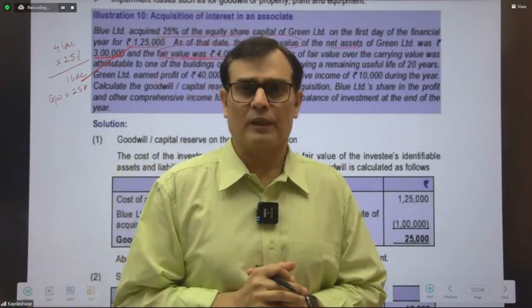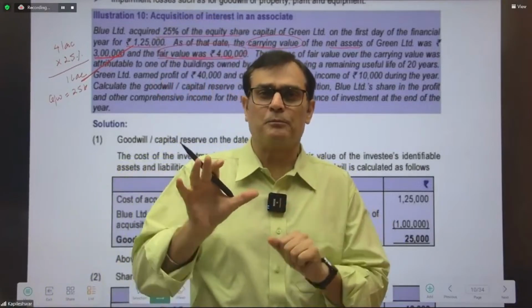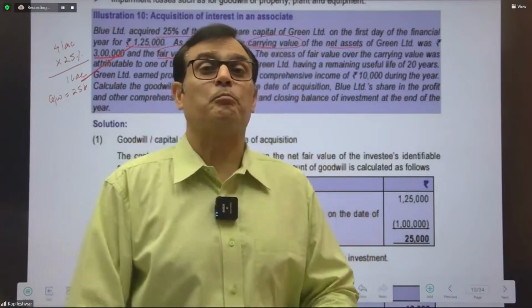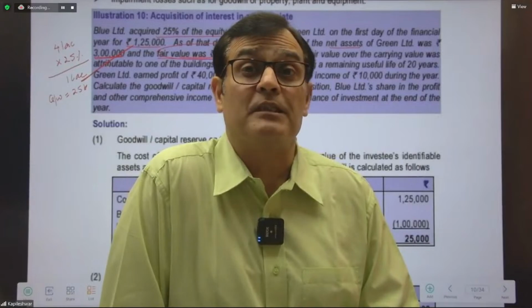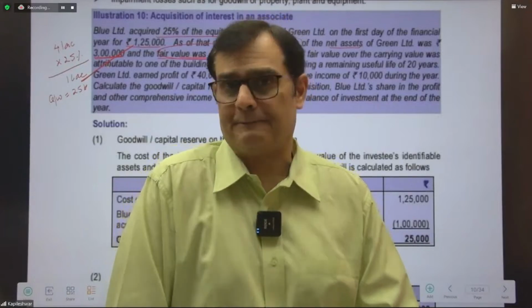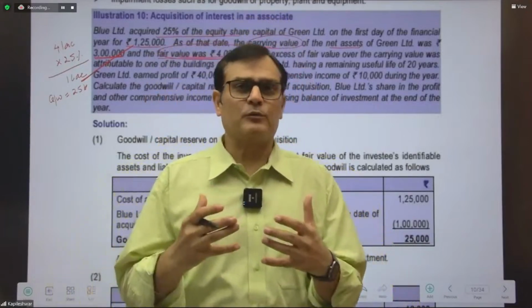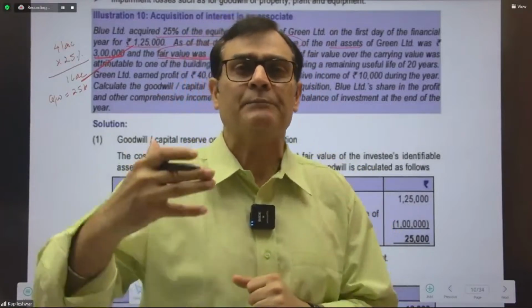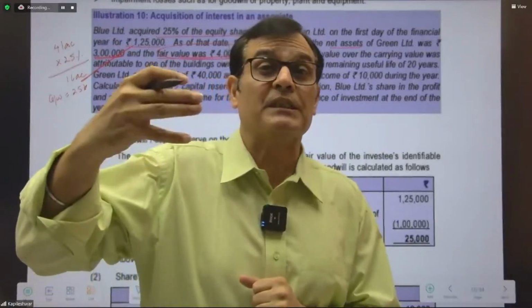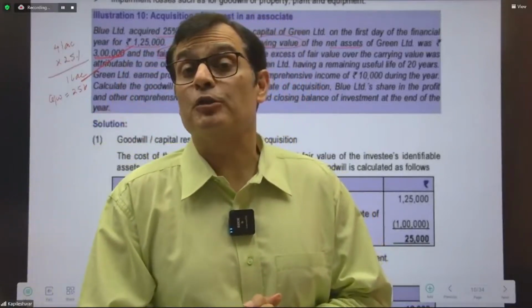So what does it mean? In the post-acquisition period, the associate company's profits will be given, but those profits will be after charging depreciation on book value. I repeat. In the post-acquisition period, he will give you the profits earned by the associate company, and those profits are based on depreciation on a book value.